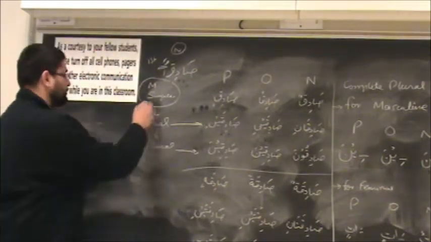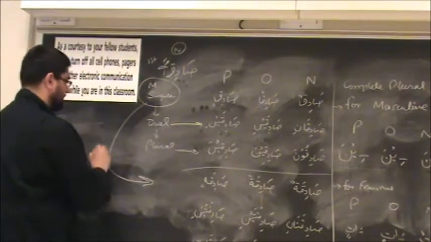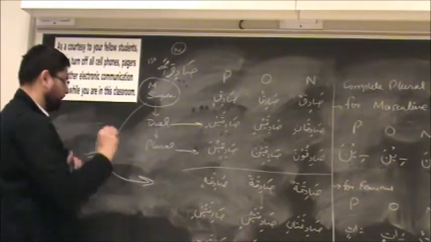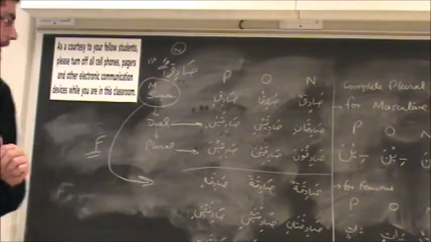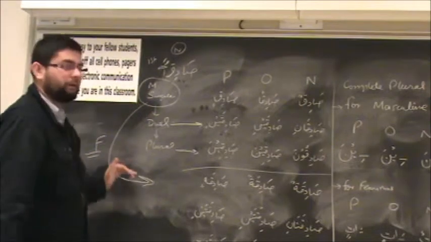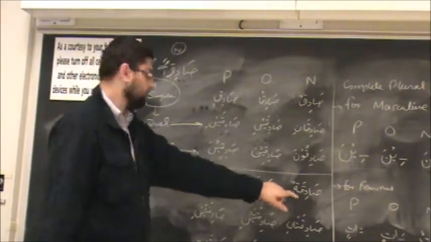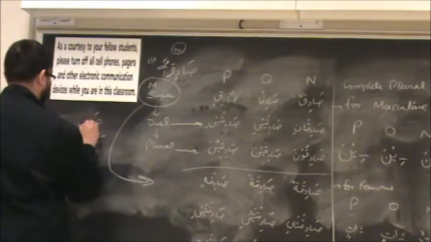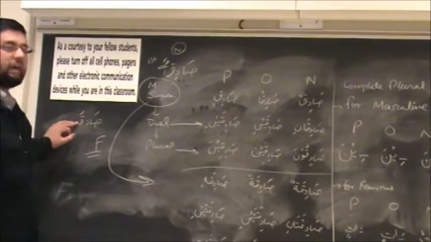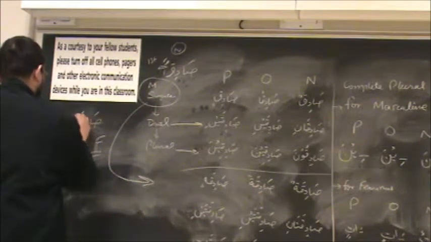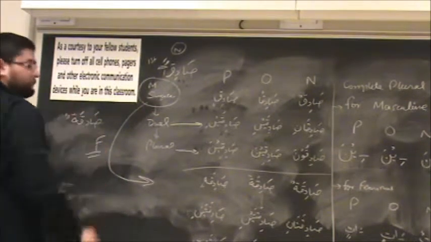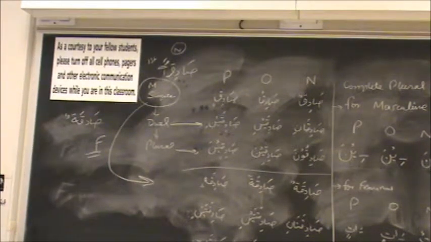And now we change it to feminine. How do we change it to feminine? We add ta at the end. We give fatha to the last letter and append ta at the end. So it becomes sadiqatun.